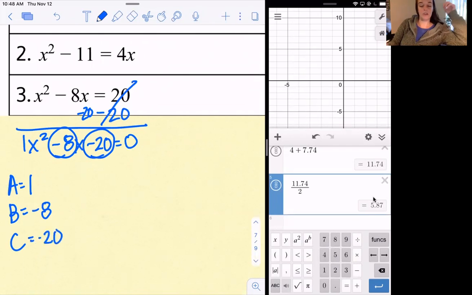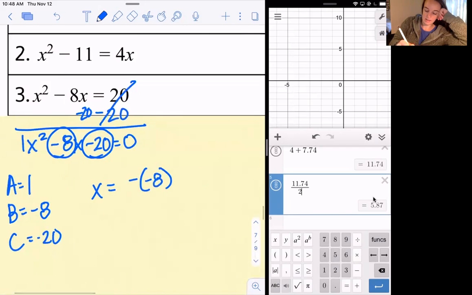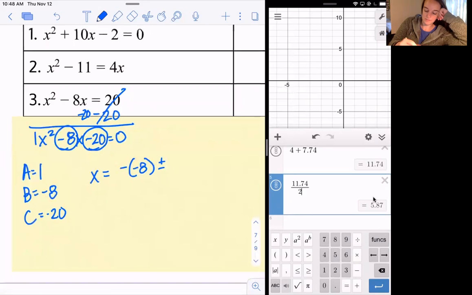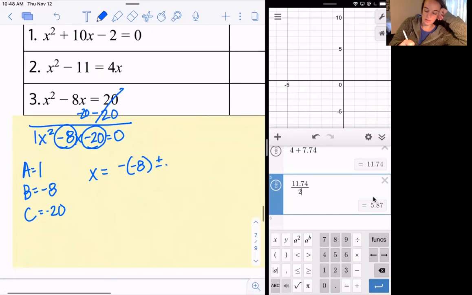All right. Using my formula, x is equal to negative b, which is negative 8, plus or minus the square root of b squared. Be careful to put it in parentheses there because you need to square the negative along with the 8. So negative 8 times negative 8 is going to be a positive number here. So minus 4 times a times c.